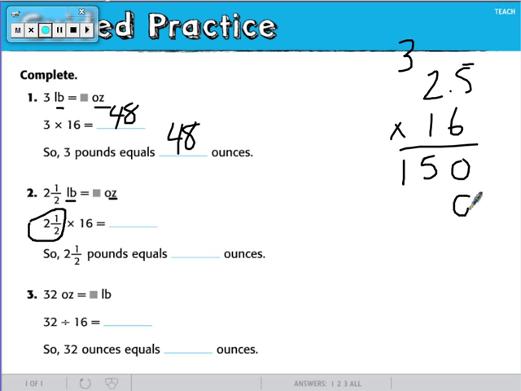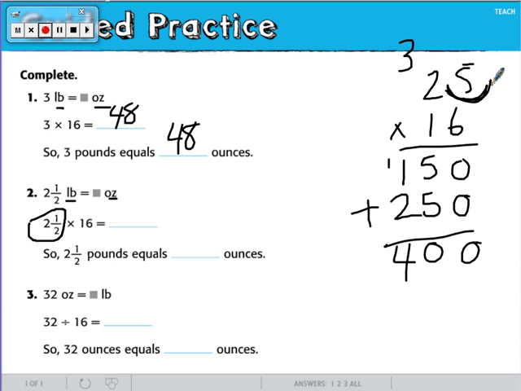I got 400. Here's the thing though, I have a decimal place here, which means I need to have, so what is it?